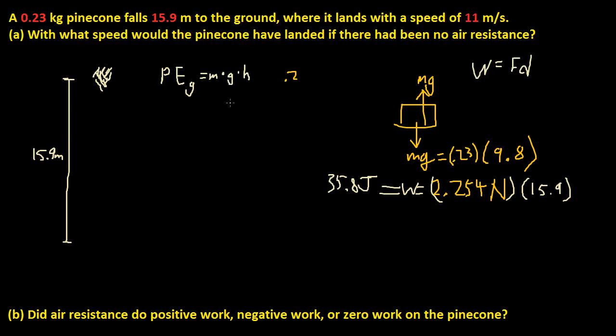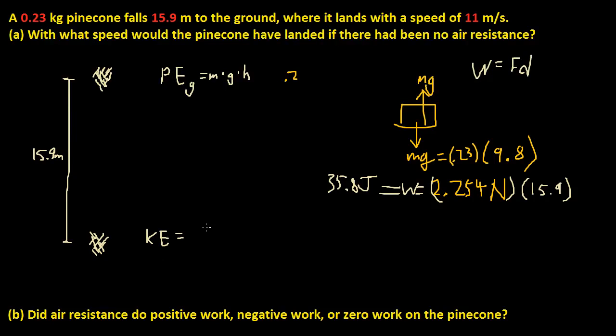So what concept does this bring us to? If this gets down here, then the energy must go somewhere because of the law of conservation of energy. Where does all that energy go? When the pine cone falls down here, the energy transforms into kinetic energy.